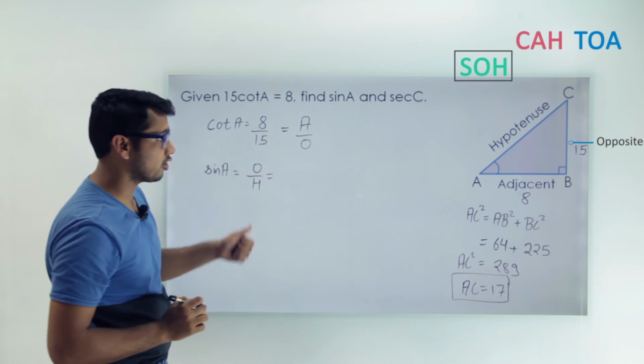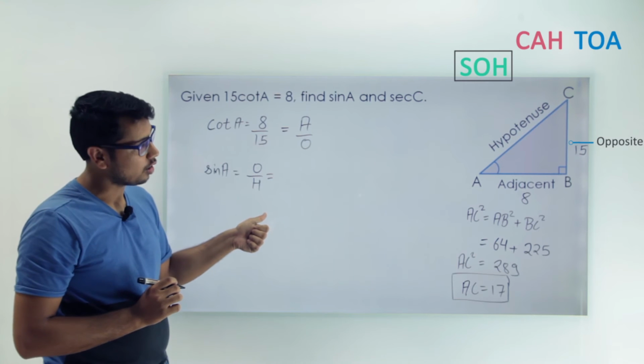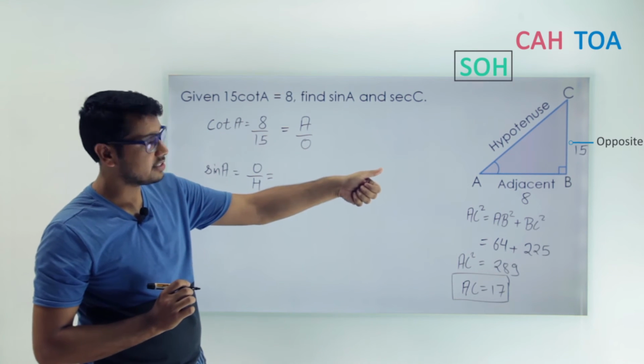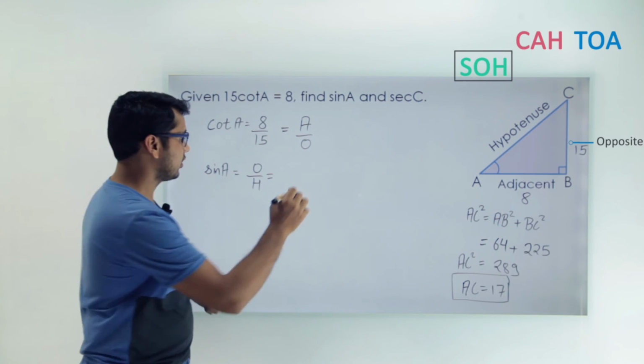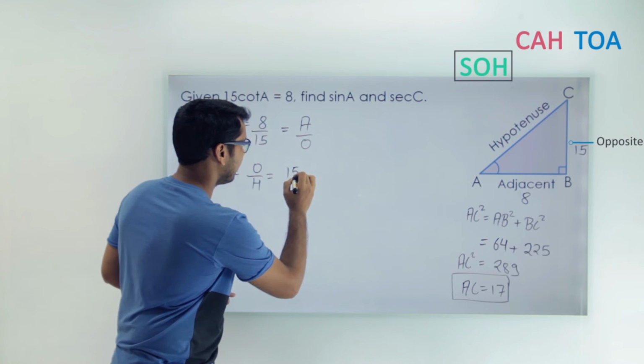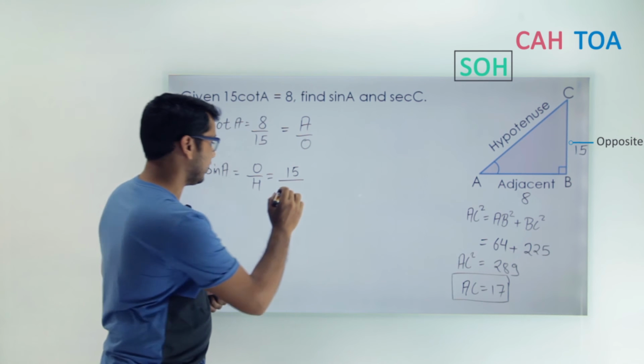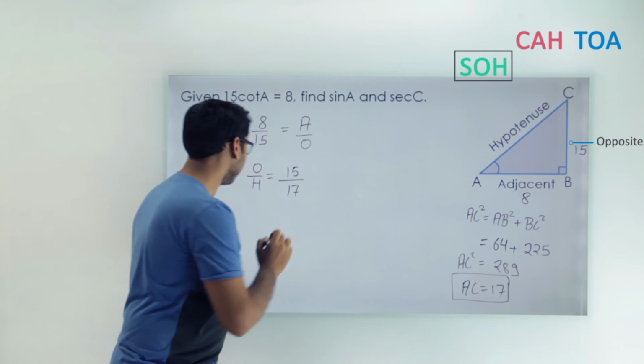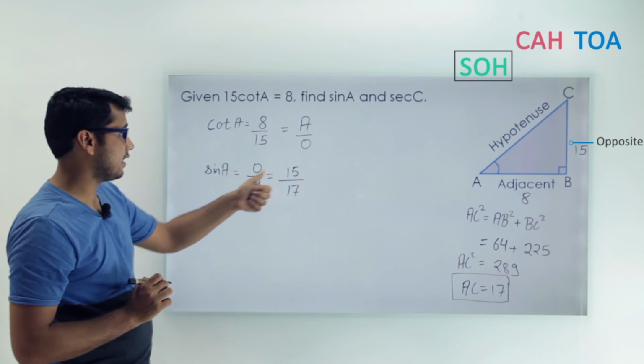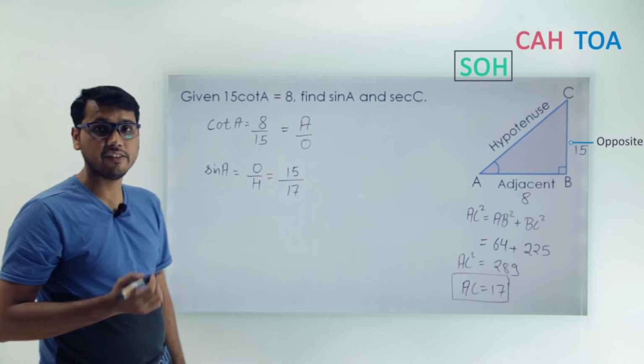Can you tell me the length of opposite? Opposite is BC. BC is 15. And the hypotenuse we calculated to be 17. So sin A is 15 upon 17.